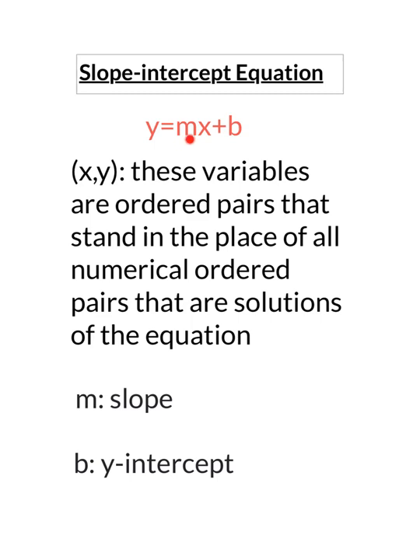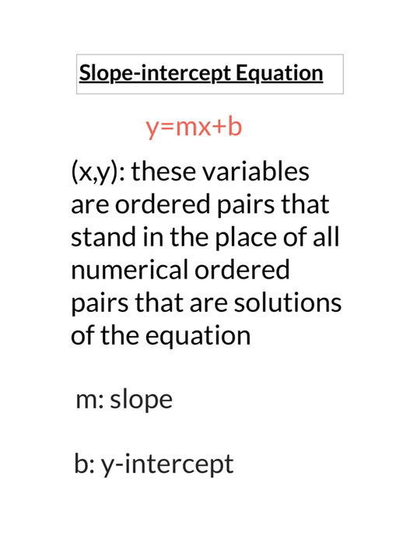M right here, that is the slope. And b is the y-intercept. So this is called the slope-intercept equation. y equals mx plus b.